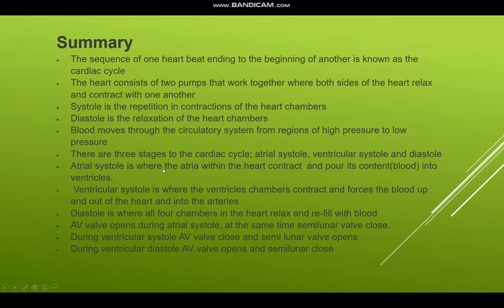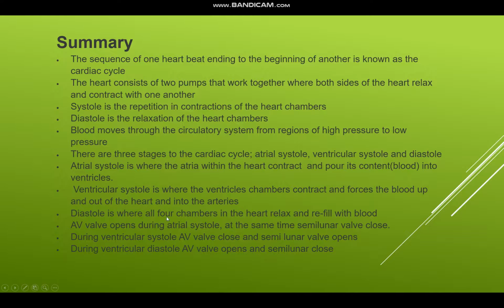Atrial systole is where the atria within the heart contract and pour their content, that is the blood, into the ventricles. Ventricular systole is where the ventricle chambers contract and force the blood up and out of the heart and into the arteries.